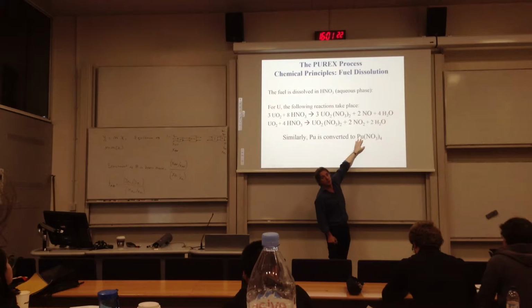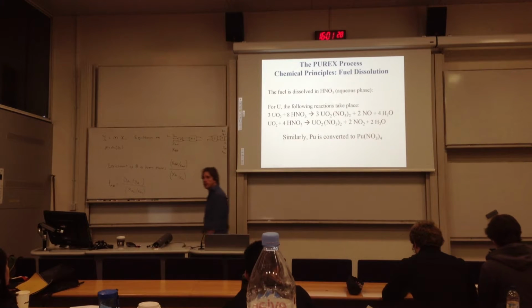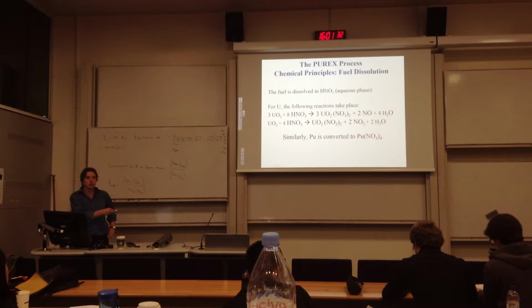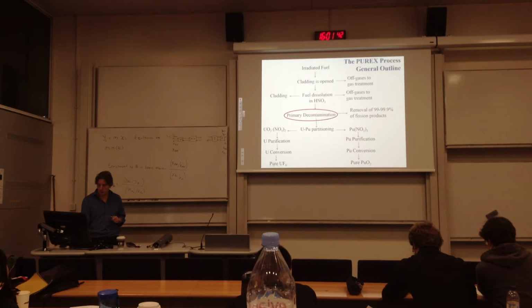This is plutonium in oxidation state 4, and we will see that that has an effect on the separation, right? We will see that one of the bases of the separation is to change this oxidation state, because if you change that oxidation state, then the relative affinity for the aqueous phase and the organic phase is going to change. More about that in a moment.